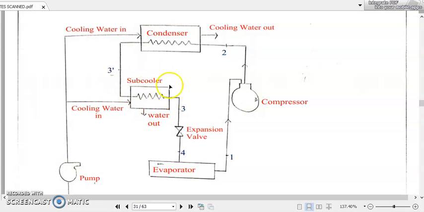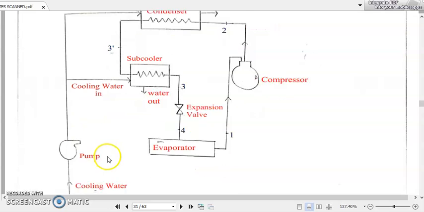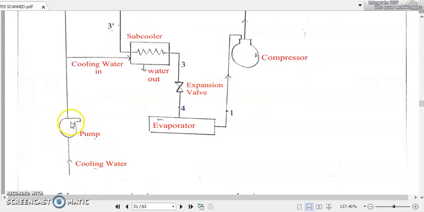So this subcooler is nothing but a heat exchanger which will be dealing with this high temperature liquid refrigerant coming out of the condenser. When this high temperature liquid refrigerant is again passed through this additional heat exchanger, the cooling medium will be the same cooling water circuit which is supplied by the pump, circulated by a circulating pump from a cooling water source.